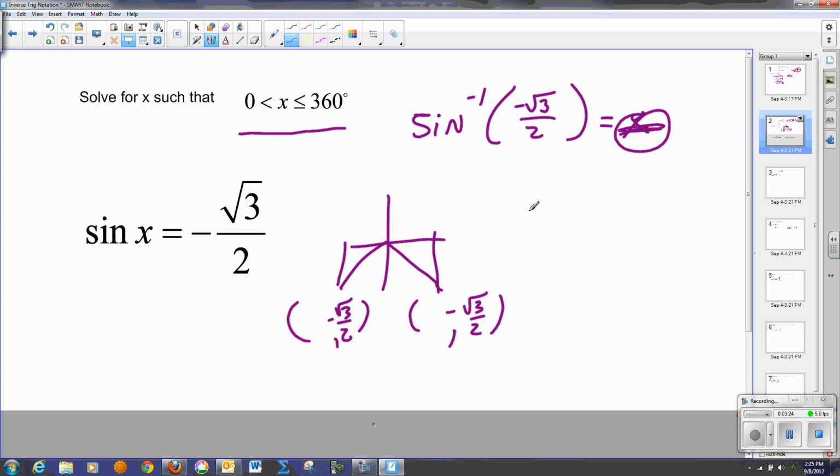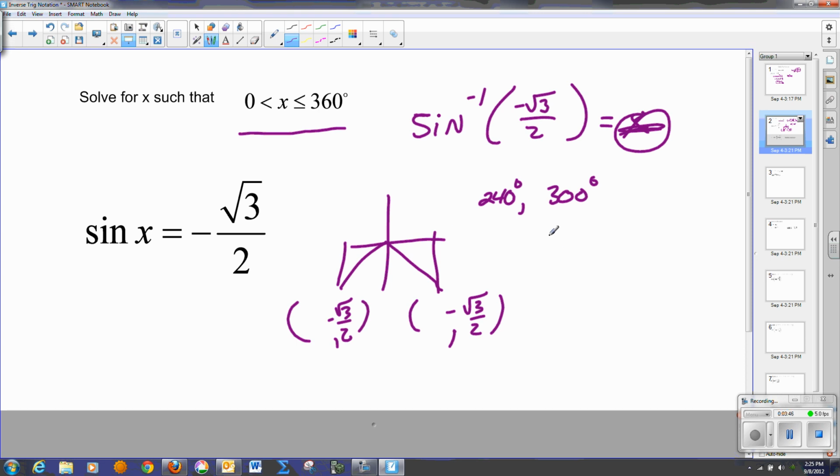I know that 300 degrees is the angle in the fourth quadrant, and 240 degrees is the angle in the third quadrant, because both are 60 degrees away.